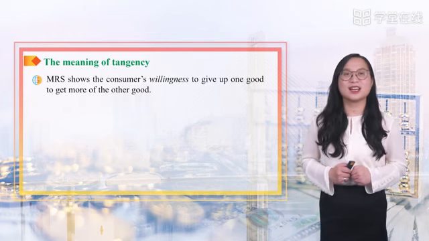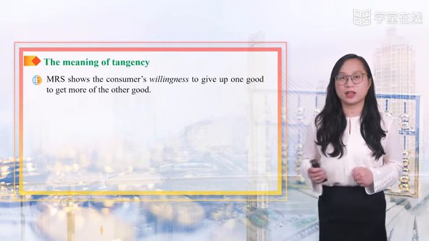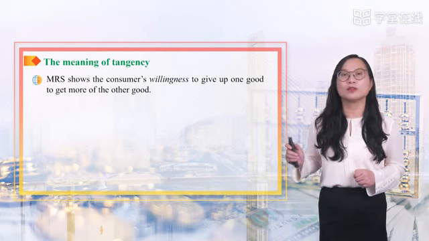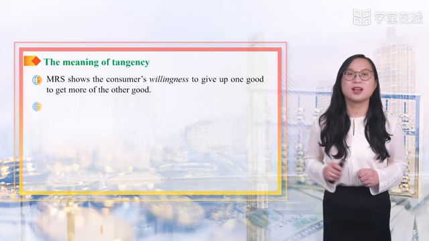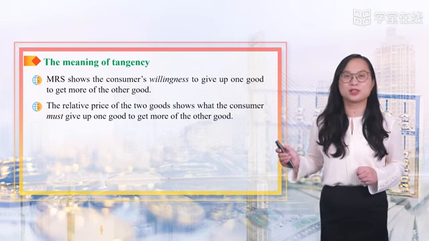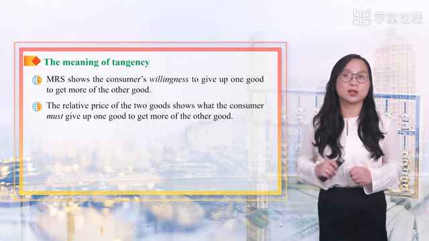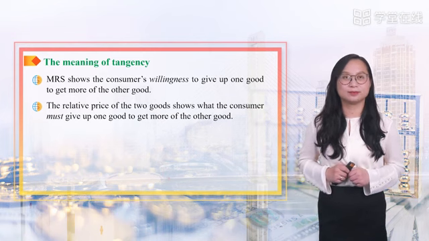In particular, the marginal rate of substitution, the MRS, shows the consumer's willingness to give up one good to get more of the other good. The relative price of the two goods shows what the consumer must give up one good to get more of the other good.